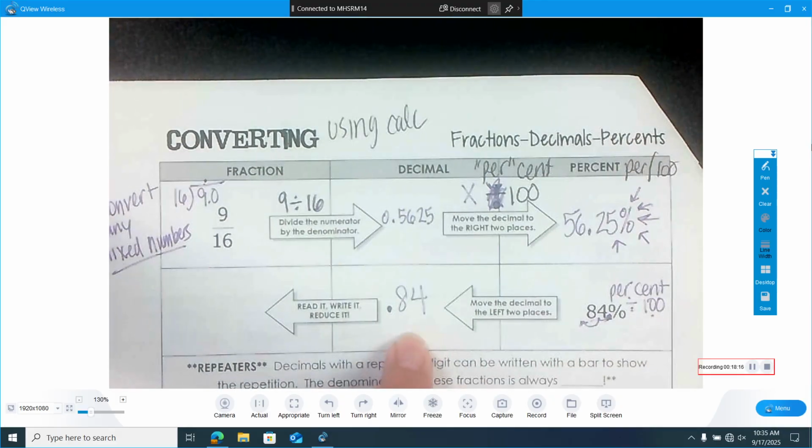Now, here is the hardest thing. 0.84 has a proper name. 0.84 is the slang. What is this proper name?